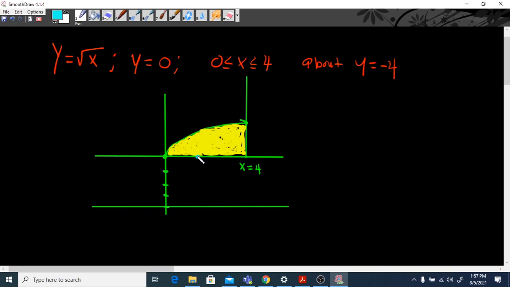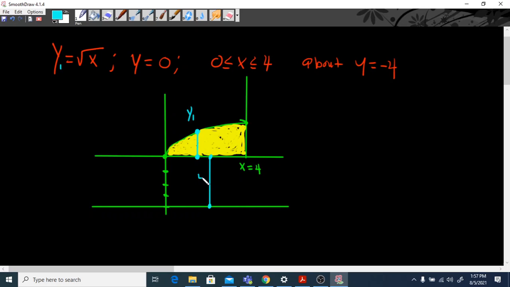I'm going to do this in a very general way, a way that can be applied to any problem. If I go from y equals 0 up here, this segment is literally y1. Now this segment here, what's this distance?